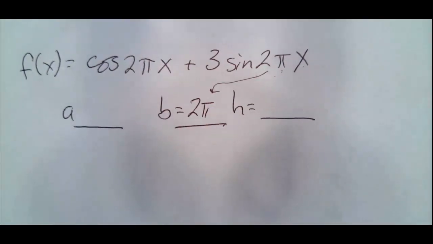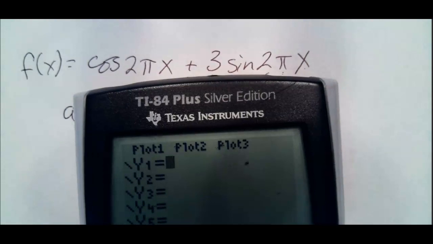Now, let's put this in our calculator and see what kind of graph we get. Cosine 2 pi x, close your parentheses, plus 3 sine 2 pi x.